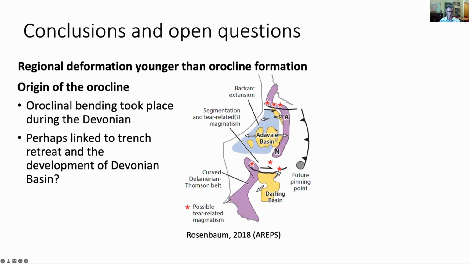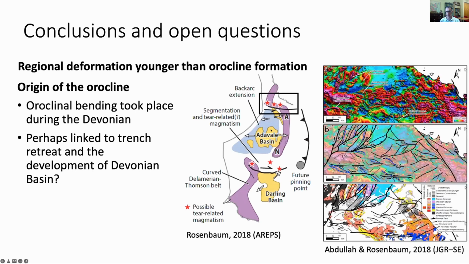orocline was subjected to basin formation during the early Devonian and perhaps in response to trench retreat, it is possible that the orogenic bending was directly linked to basin formation and trench retreat.